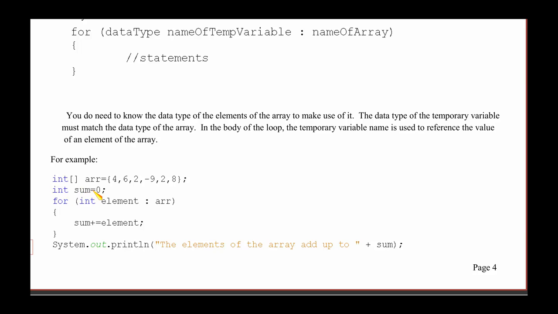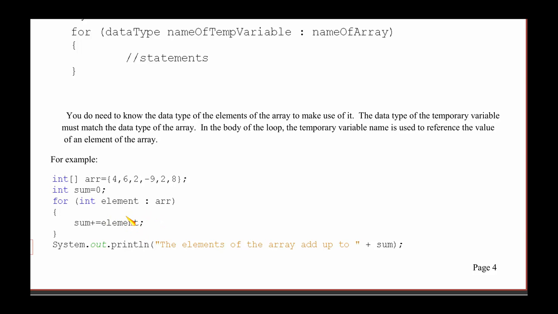I make a sum variable set to 0, and now here is my for each loop. I say for int element in the array, add element to sum. So this is going to go through and add up all the values in the array.